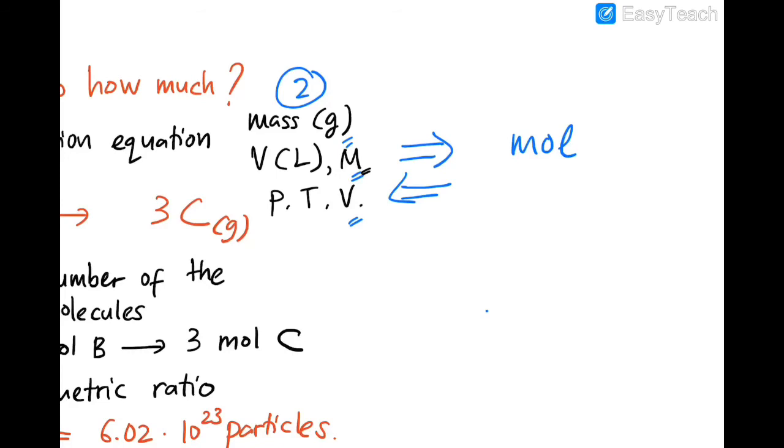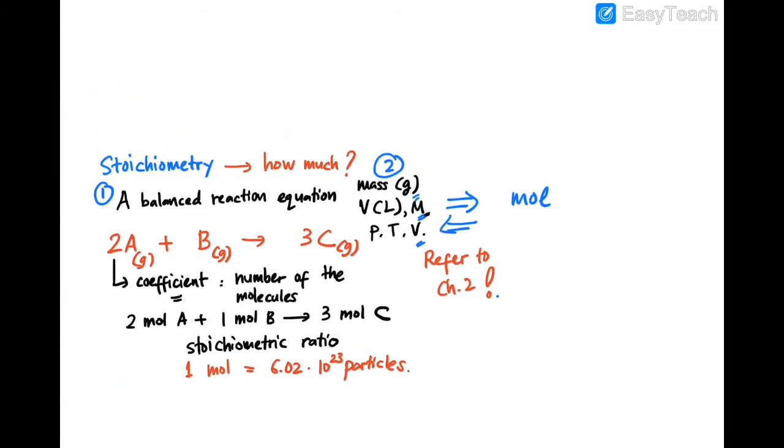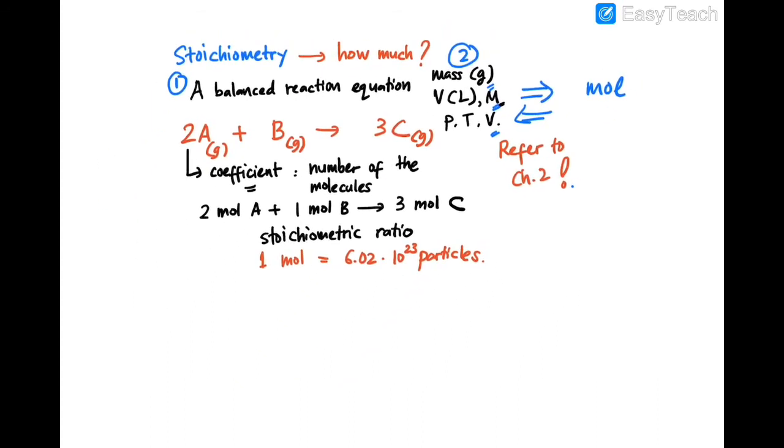Please refer to the video in chapter 2 to convert these parameters into moles. Mole is the unit you are going to use for stoichiometry for any balanced reaction. So it's very important to be able to balance a reaction and convert mass for solids, volume and molarity for aqueous systems, and pressure, temperature, and volume for gas systems to get the moles.